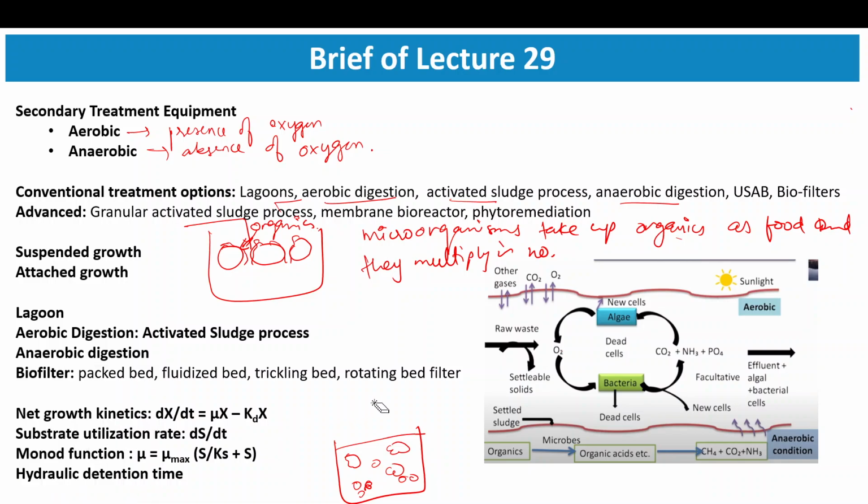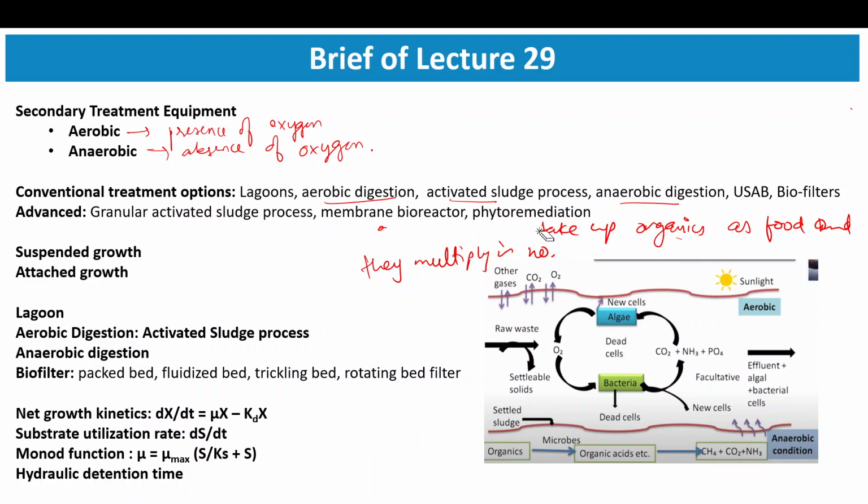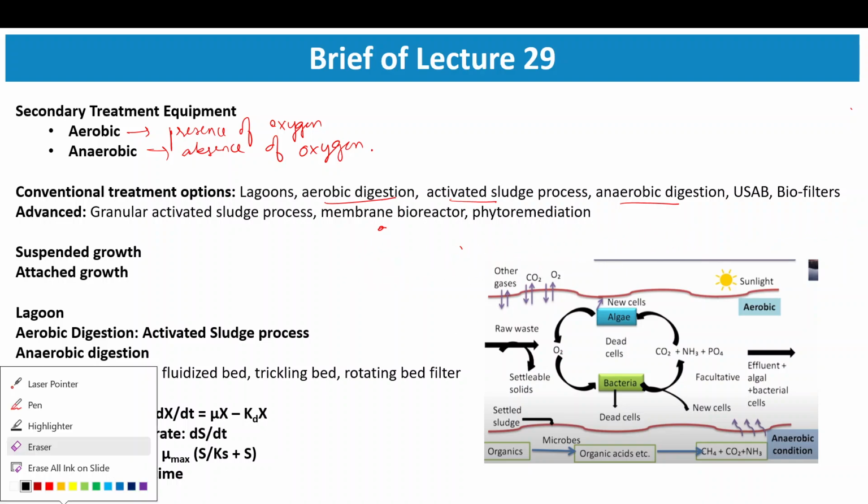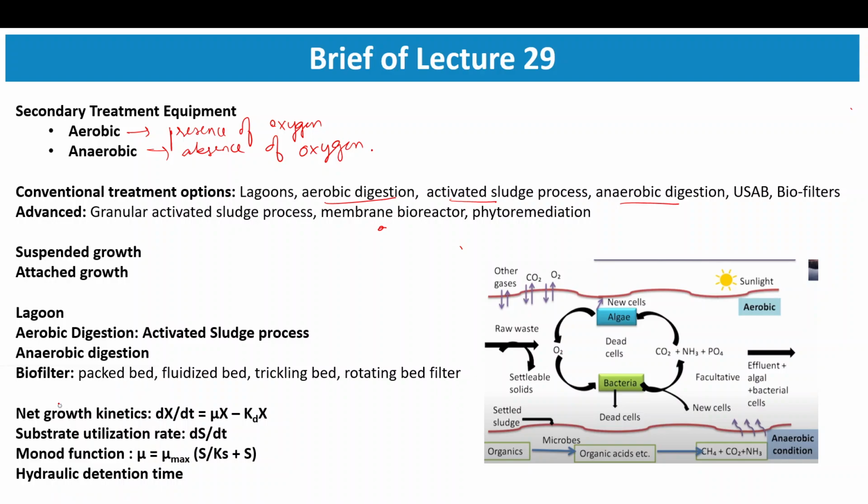So microorganisms are suspended throughout, while in the case of attached growth, they are stuck on some substrate, which could be granules or filters, etc. Now that we know what type of arrangement is provided for bacteria to grow or for degradation, based on suspended and attached, let's see suspended first, because it is one of the most common.